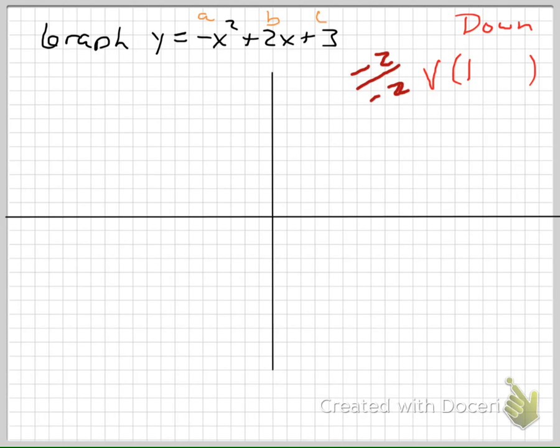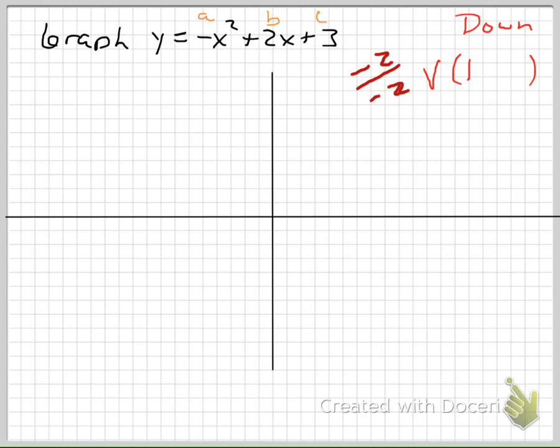Opposite of b is negative 2 over 2 times negative 1, which is negative 2. And that's where I get my 1 for the first part of the vertex. I did not write out a, b, and c. If you want to write out a, b, and c, go ahead and write out a, b, and c.